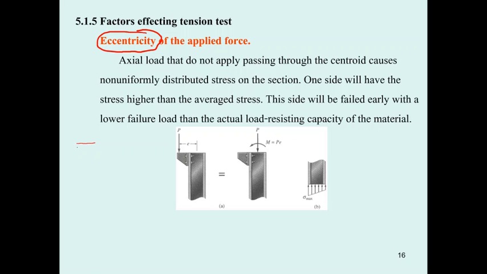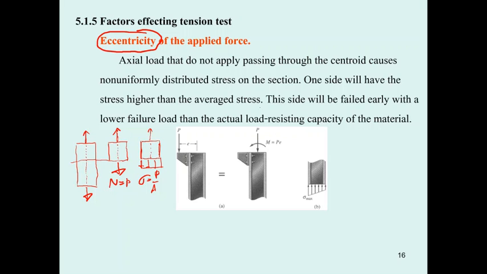If our specimen has the force applied passing through the centroid of the section, and you cut this specimen, the applied force is going to produce a pure normal force equal to P. And this internal normal force will produce the average normal stress, sigma equal to P over A.